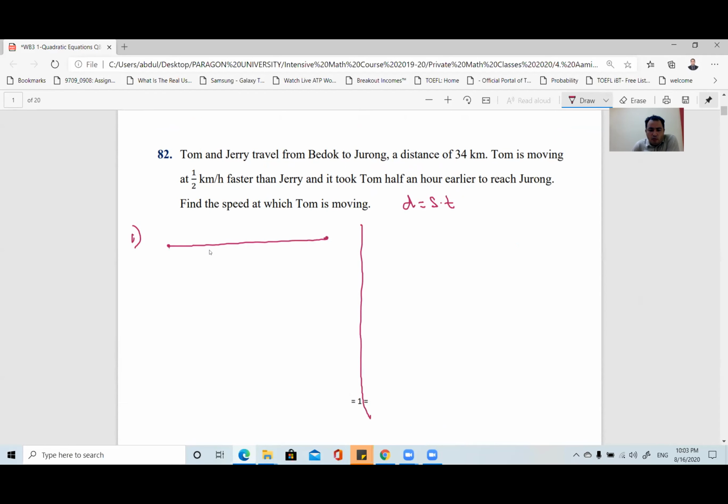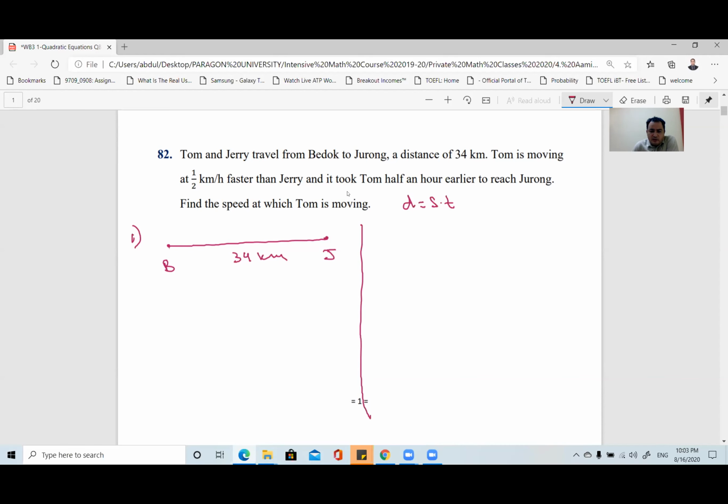And they are traveling from one place to another. Let's say that's B, that is J. So the distance is 34 kilometers. And this is how I'm expecting you to solve, or at least better than this way. So now, just write the given details or information here.